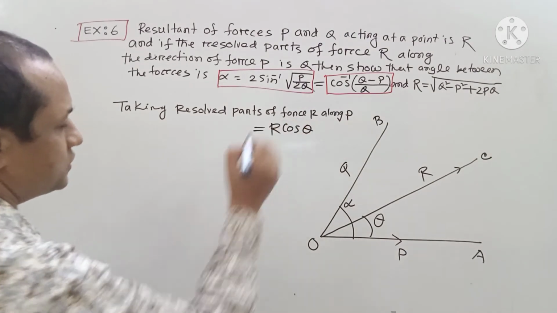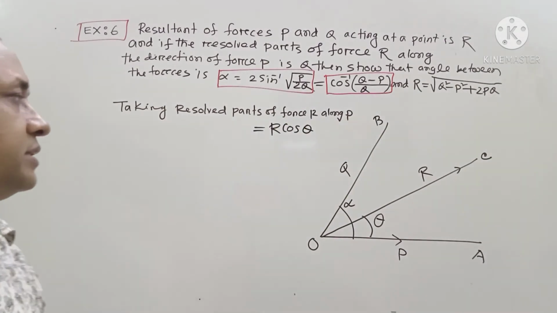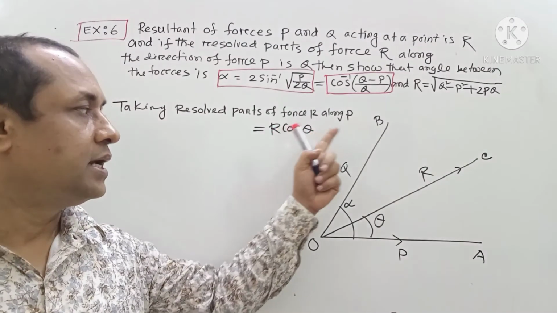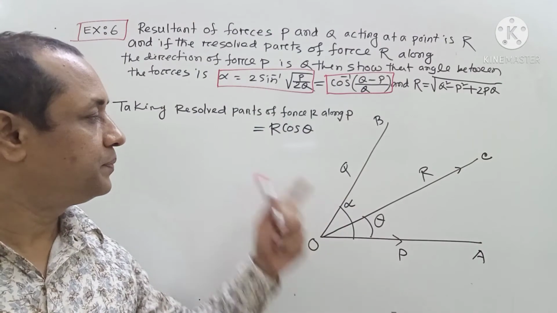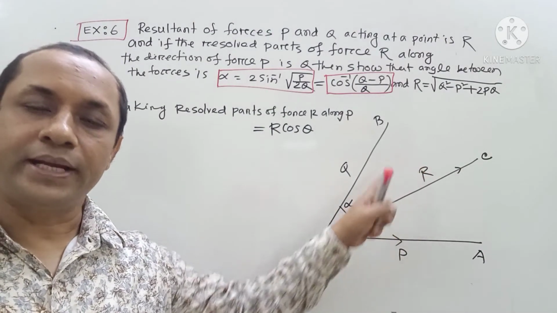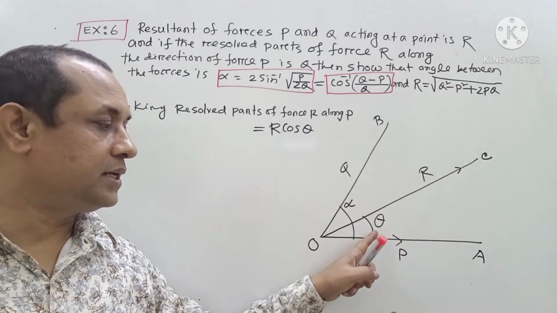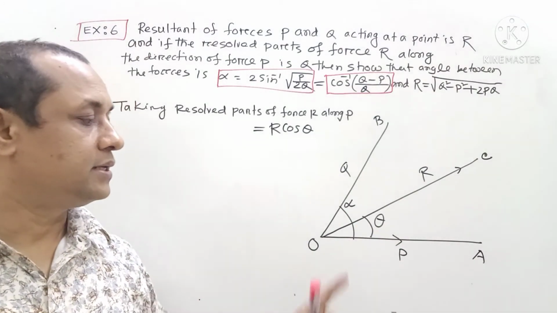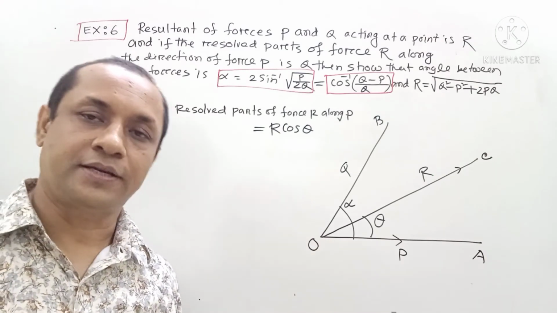You have learned, student, that the resolved part of force R along P or OA is R cos theta, because R makes an angle theta with OA. So the resolved part of force R is R cos theta.